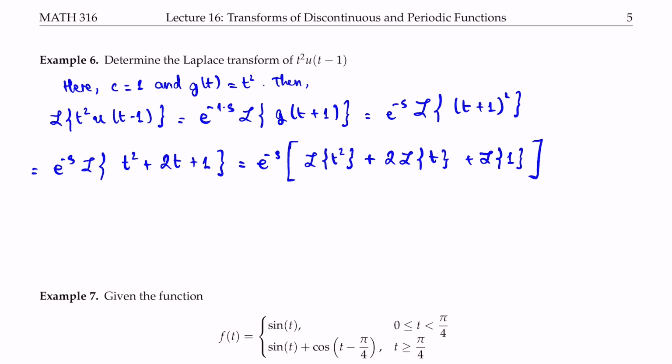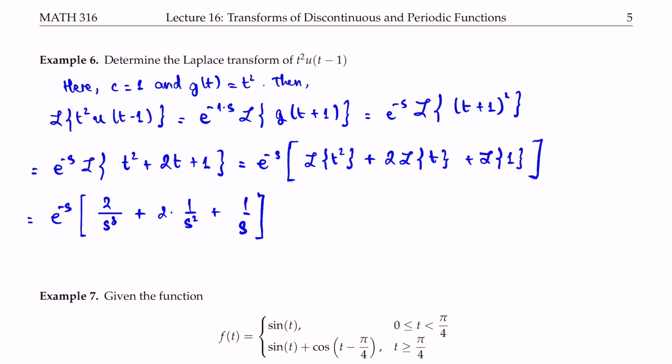This is equal to e to the negative s times 2 over s cubed plus 2 times the Laplace transform of t, or 2 times 1 over s squared, plus the Laplace transform of 1, which is 1 over s, and that is the answer for the Laplace transform that you're looking for. Any questions?